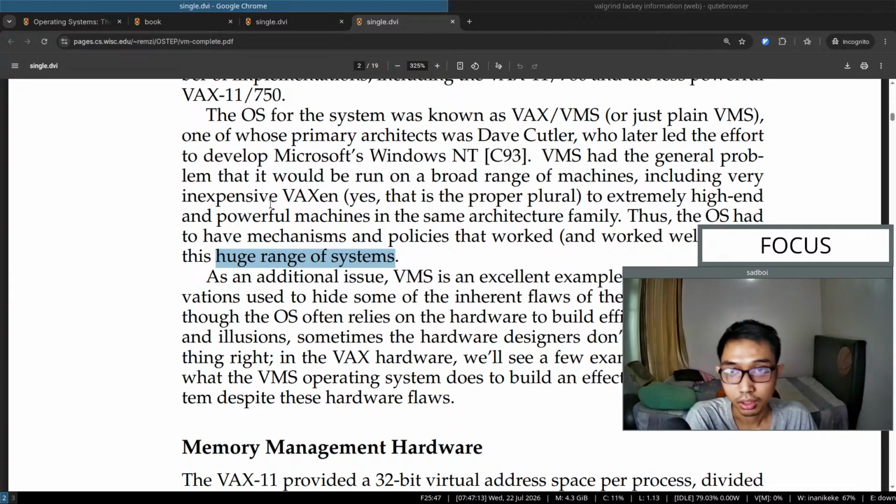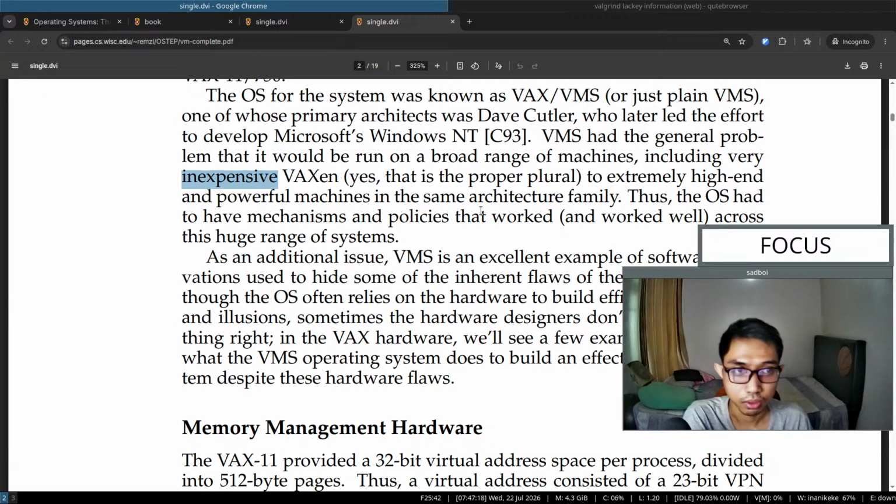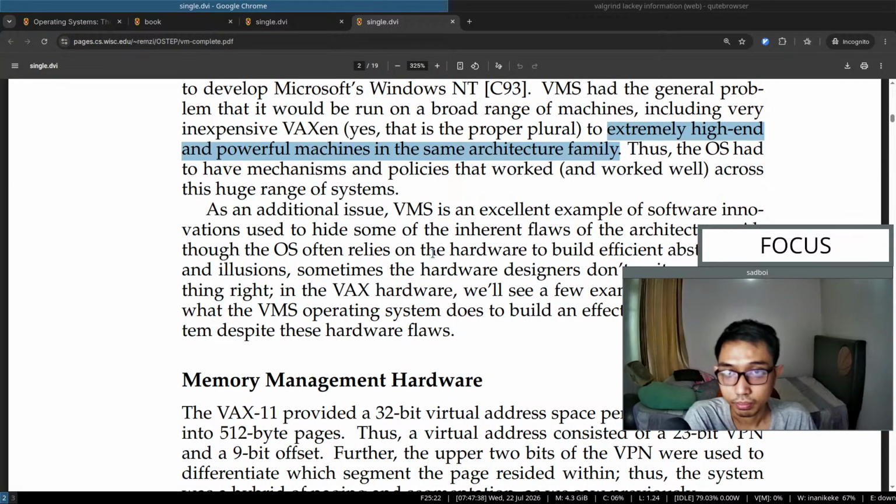So from the inexpensive one, or maybe the budget-friendly one, not necessarily cheap, to the extremely high-end and powerful machine. Yeah, the operating system needs some kind of mechanism and policy that work across that range.